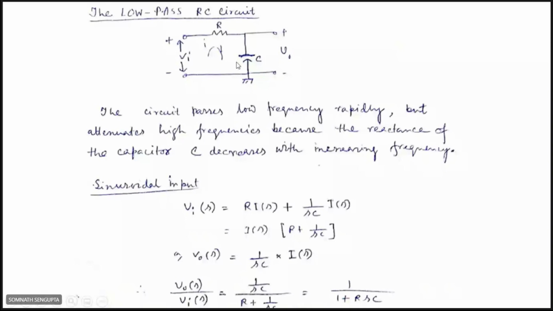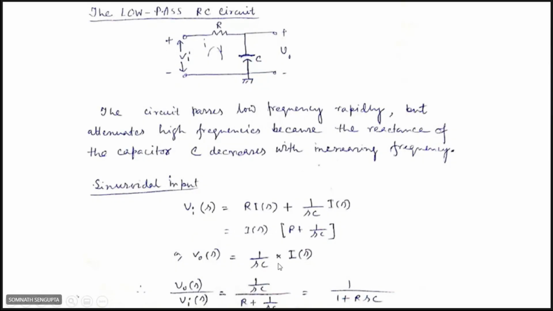For high frequency the capacitor will be short circuited and the output will be zero, but for low frequency it remains open, so you get the input voltage at the output.